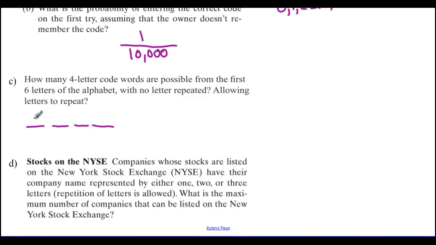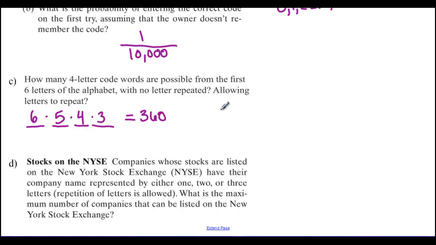So for the first one, we're going to have all 6 letters to choose from. Whatever letter we used, we cannot use again because we are not allowing repeats. So we'll have 5. And then we've used 2 letters, so we'll have 4 left to choose from. And then we've used 3, so we'll have 3 left to choose from. We're going to multiply that all together and get 360.